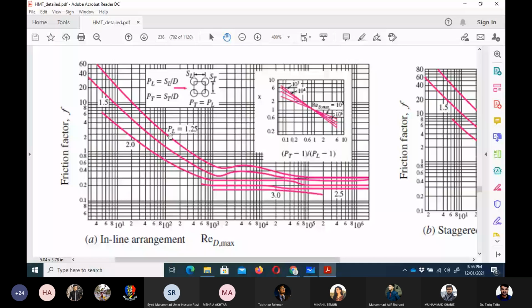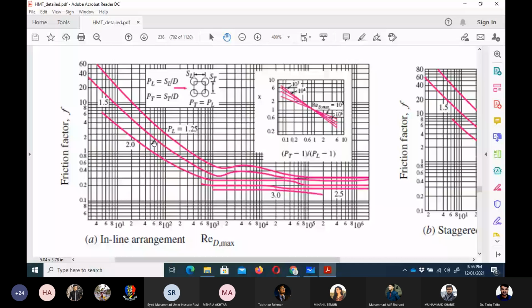What is PL here? PL is SL upon D, the longitudinal pitch divided by the diameter of the tube. So if we know PL and the Reynolds number for that particular flow, we can determine the friction factor.